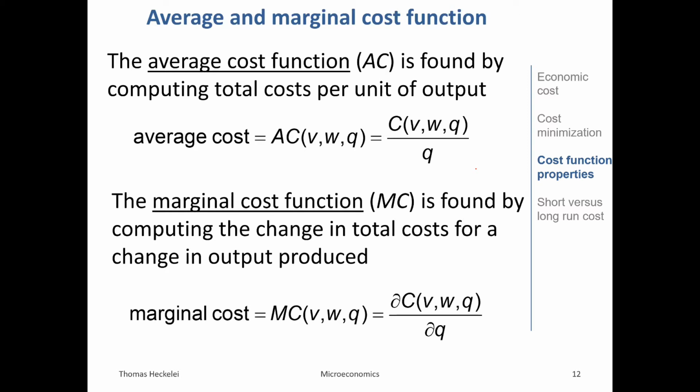The marginal cost function is calculated by taking the derivative of the total cost function with respect to Q, right? So it tells you how much extra cost will be incurred when you produce an extra unit of output, right?